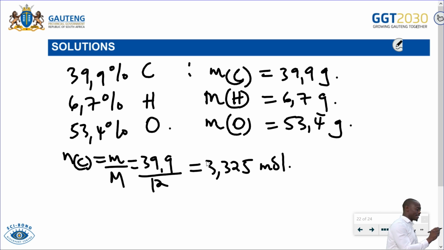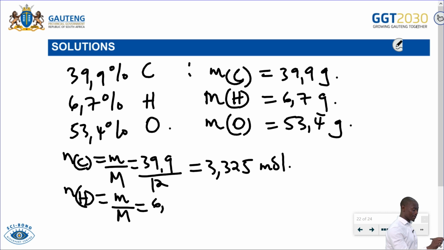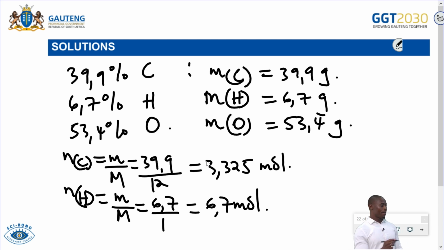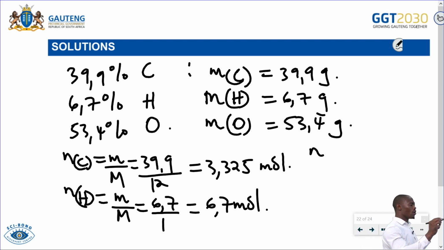Now let's calculate the number of moles of hydrogen. It's mass over molar mass. The mass from the percentage is 6.7. The molar mass of hydrogen from the periodic table is 1. So here it is 6.7 moles. Number of moles of oxygen is mass over molar mass.